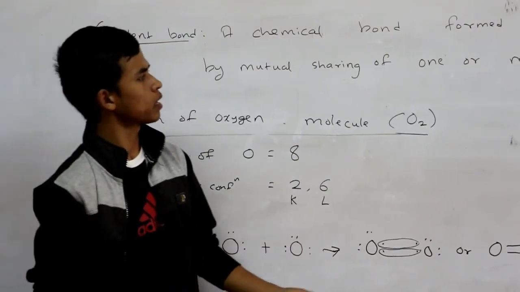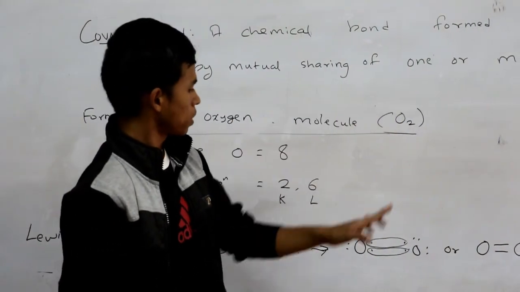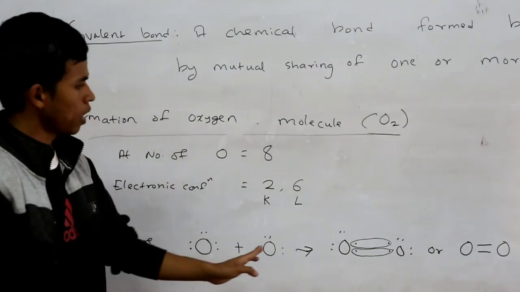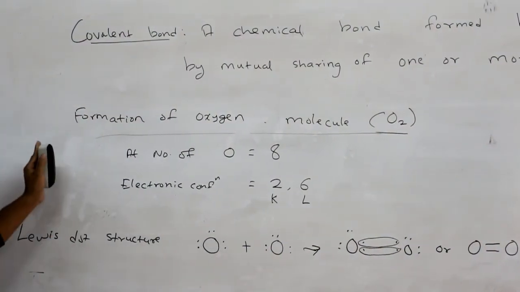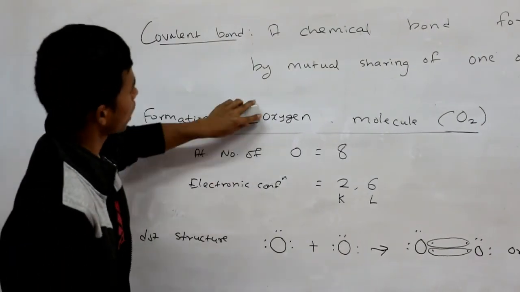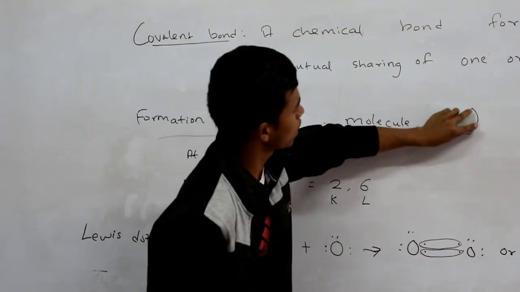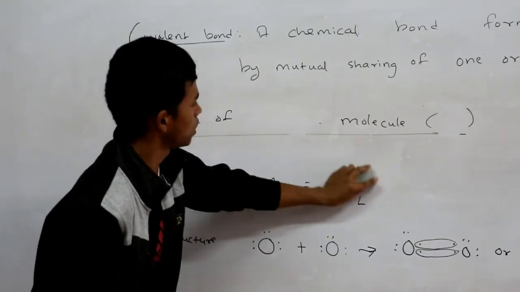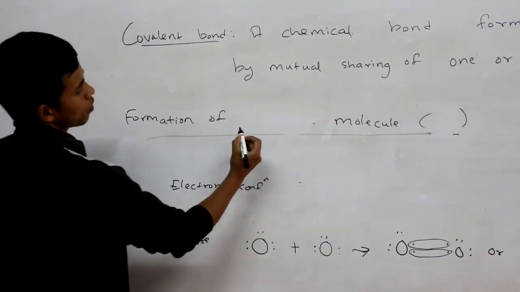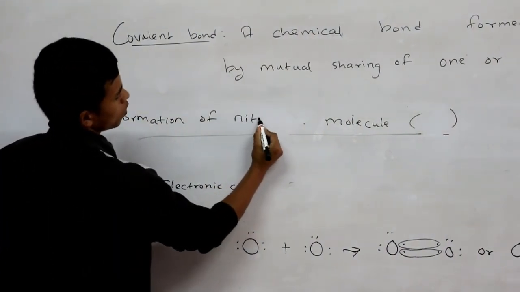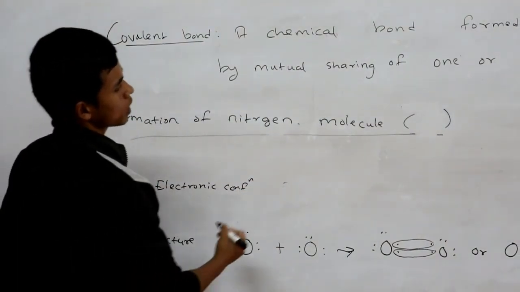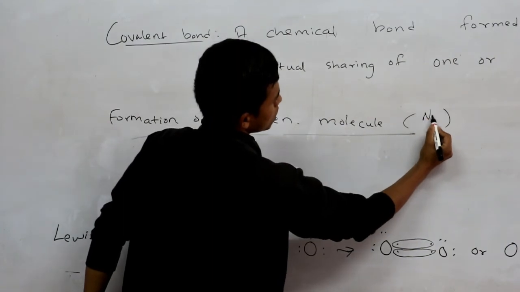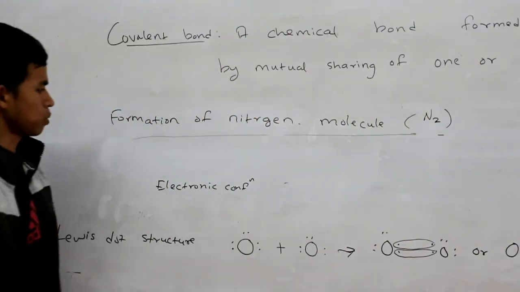We can also have the case when 3 electron pairs are shared between the atoms, but that I will leave to you, though I will write something here. That will be in the case of the nitrogen molecule. When the nitrogen molecule is formed, there will be 3 electron pairs shared between 2 nitrogen atoms.